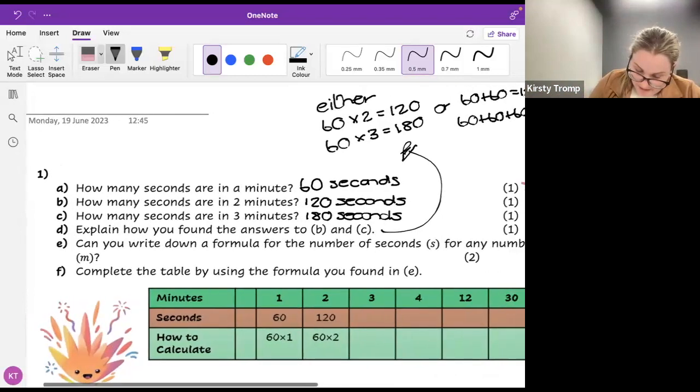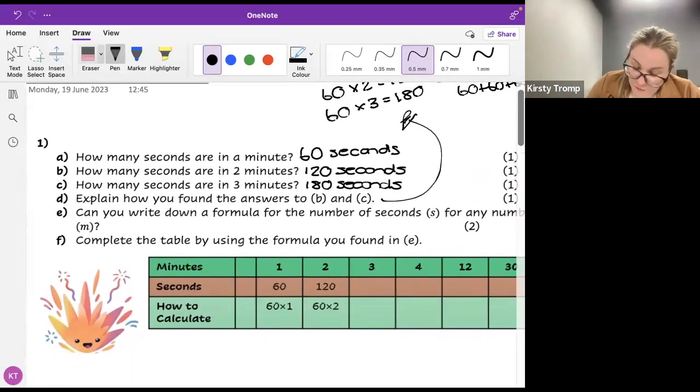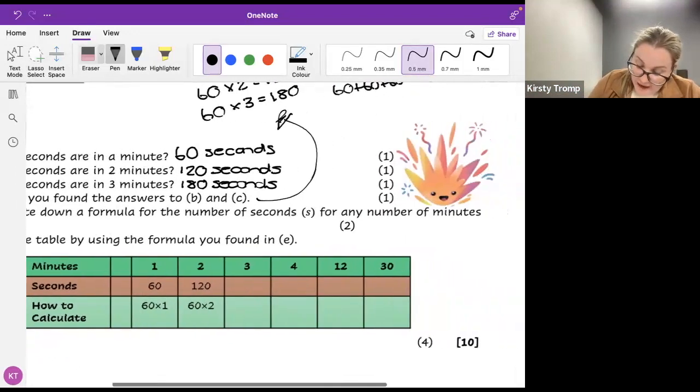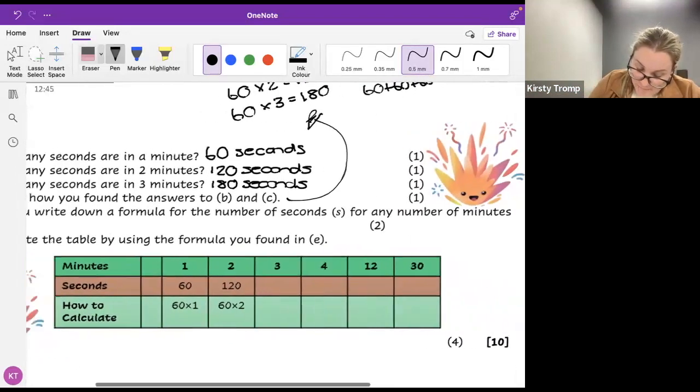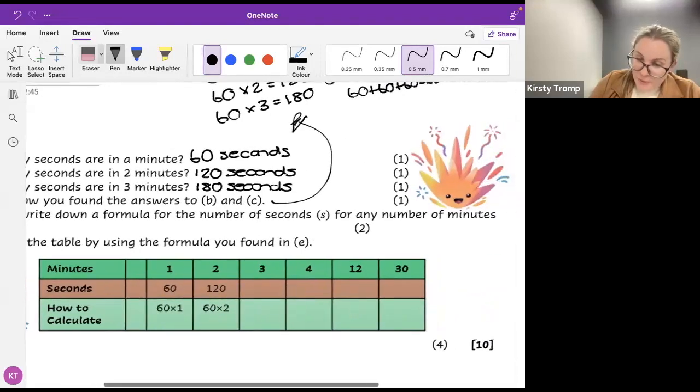Right, E. Can you write down a formula for the number of seconds, S, for any number of minutes, M?